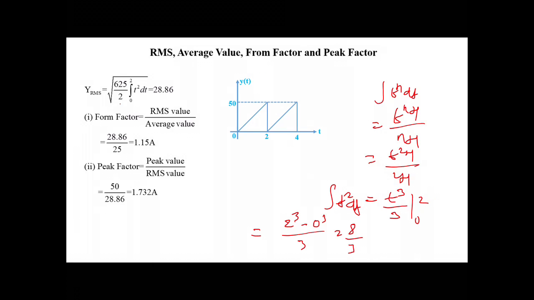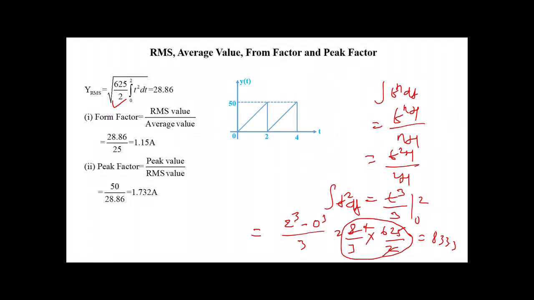And we also have the 625 by 2, so we can multiply it here. 625 by 2 times 4 by 3. Okay, when we solve it, we will get 833.3.